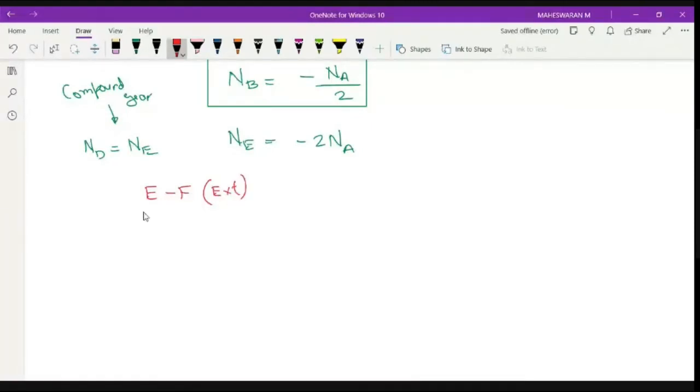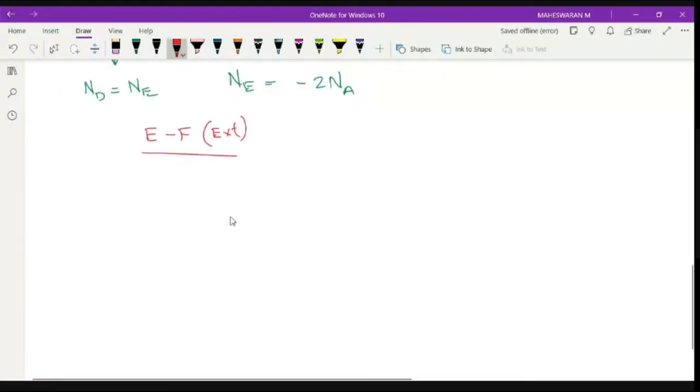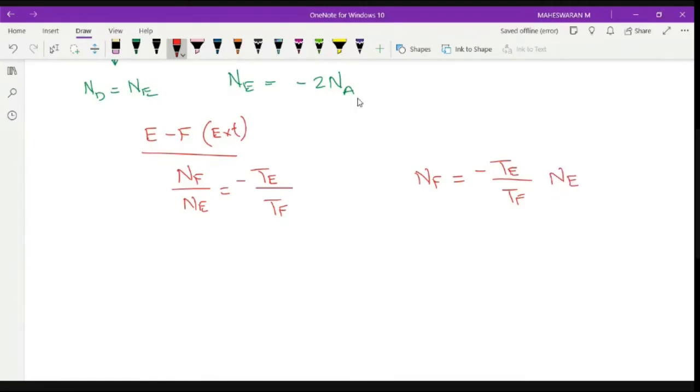So I will write NF by NE is equal to TE by TF, or NF is equal to minus TE by TF into NE, putting negative to indicate the connection is external. I know NE is minus 2 NA, so I can substitute that.